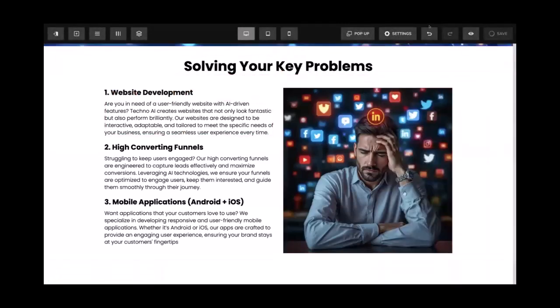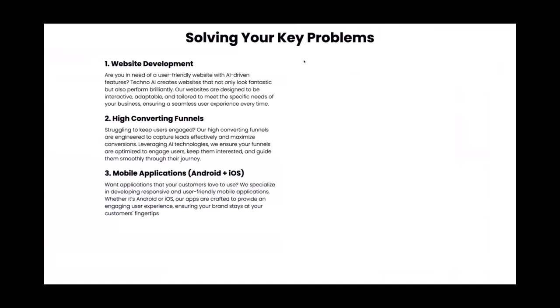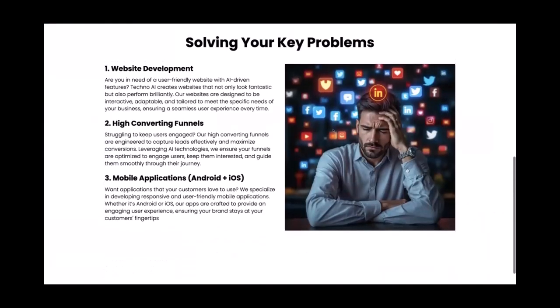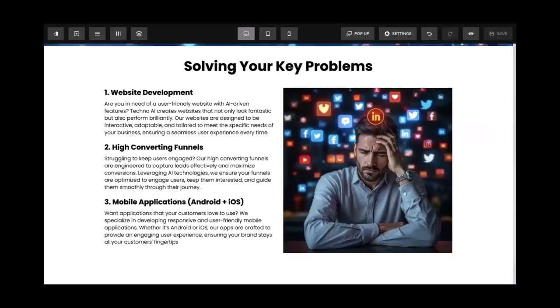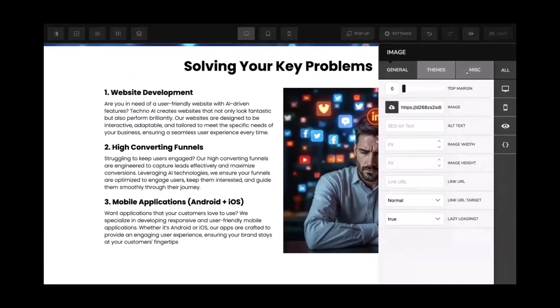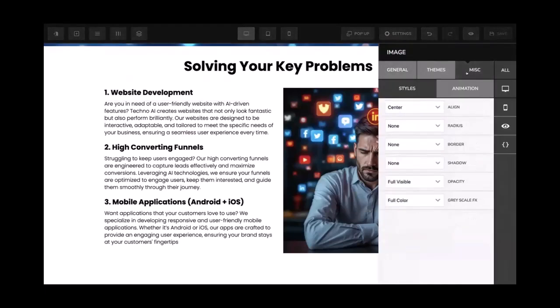Okay, now our image looks like this. And let's see on the preview as well. Okay, so our image looks like this. So we have two options right now to make this image look better. There are a lot of options, but I would recommend applying these two to three options. First of all, we'll click on the image, go to the miscellaneous, align already center.